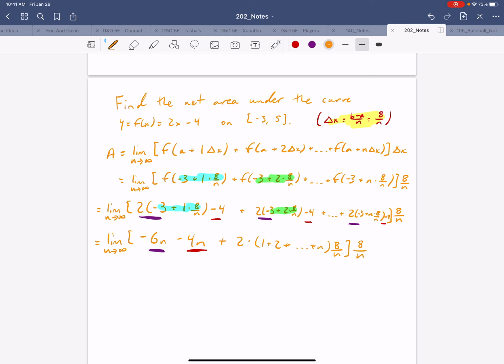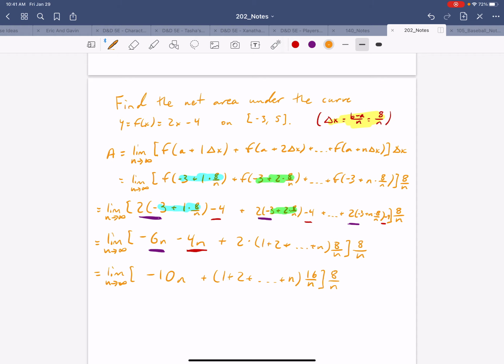We can make that a little bit nicer by saying -6n plus -4n is -10n plus 1 plus 2 plus blah, blah, blah plus n, times 16 over n, which is 8 over n times 2.